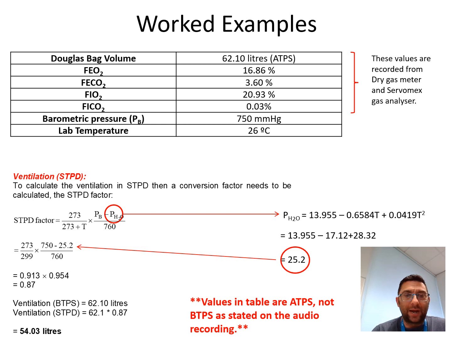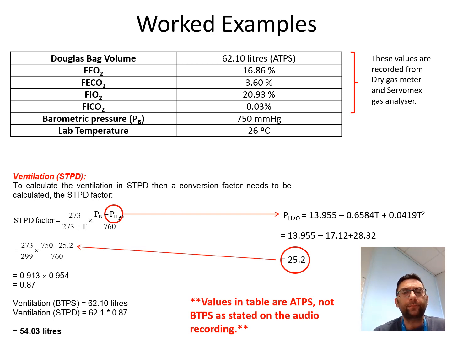That is multiplied by barometric pressure in the lab, which is this 750, minus pressure of water, and I'll come on to that in a second, divided by ambient barometric pressure, so 760. That 760 is always a constant because that is the barometric pressure at sea level.